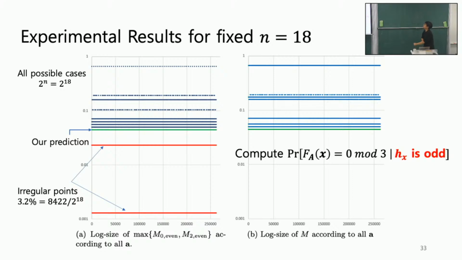Indeed, we can count the conditional probability given that h(x) is odd instead of even, and when we draw the maximum of the two conditional probabilities, we can observe that the irregular red points are removed in the second graph. So we can still break the mixed random function.